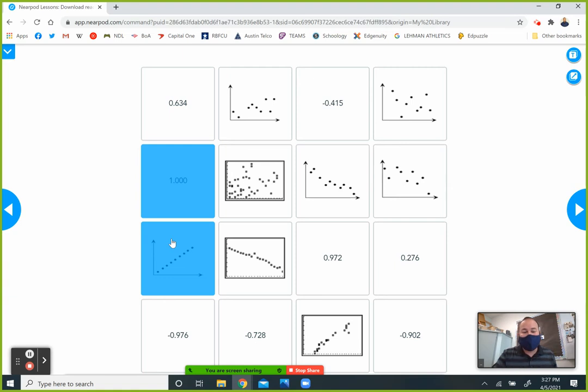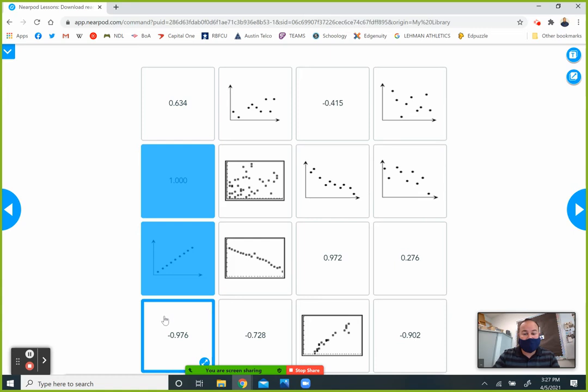Which one's the strongest one negatively? Okay, negative 0.976.